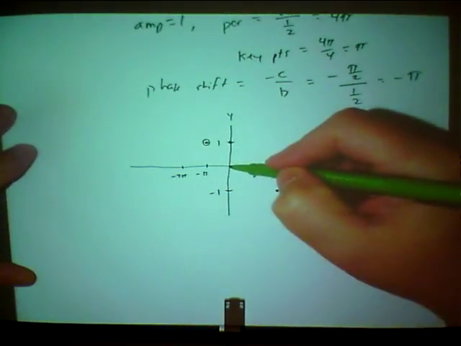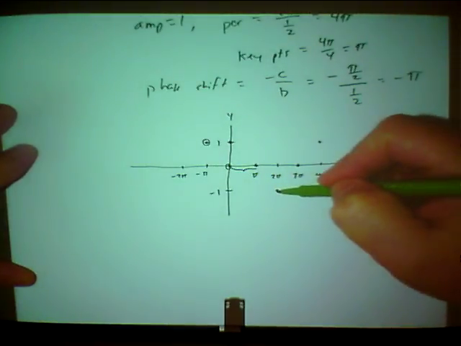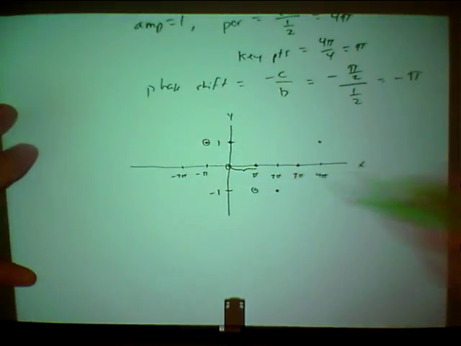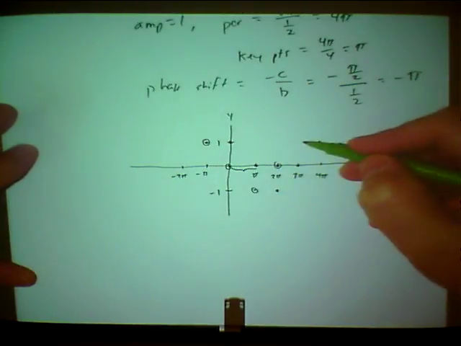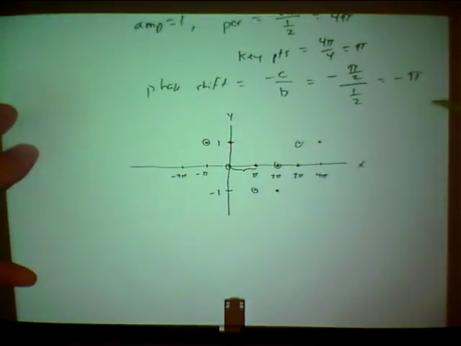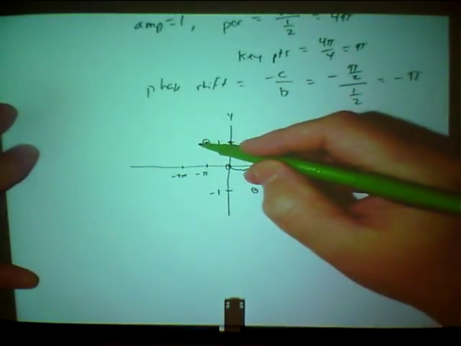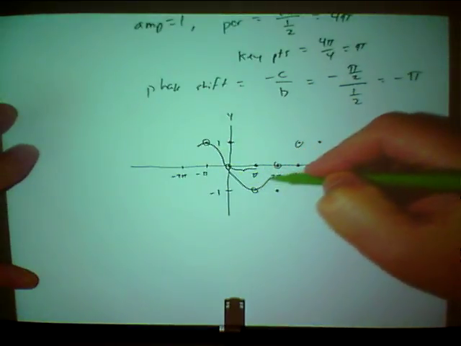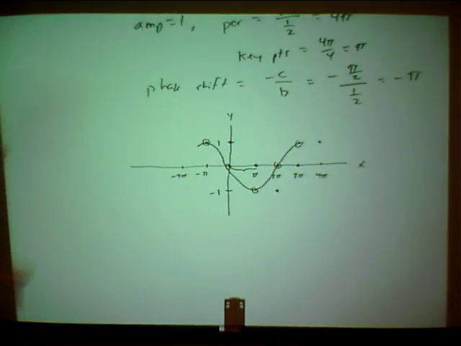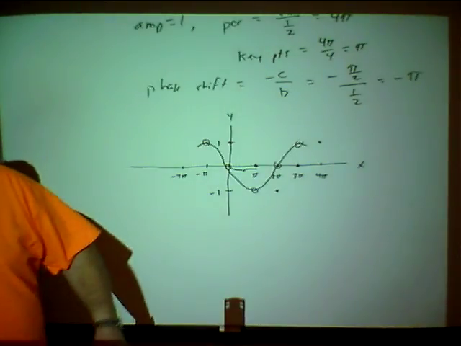So this one would go here, this one would go here, this one would go here, this one would go here. So now that should be the graph. All right, so we've done those before, but hopefully you're starting to figure out how to do those.